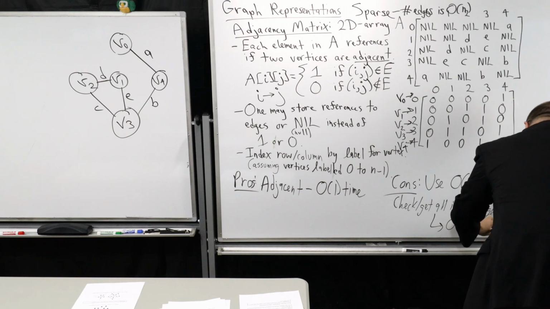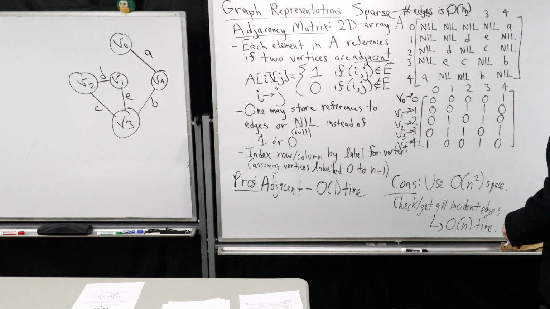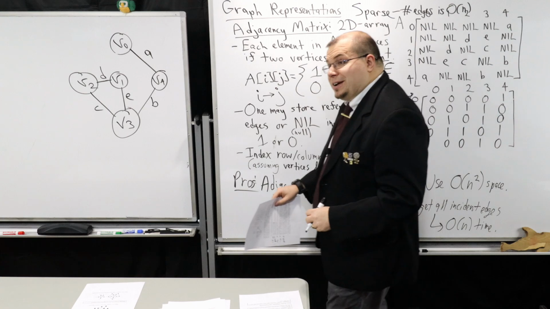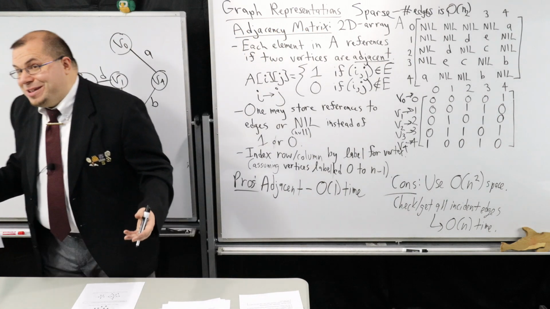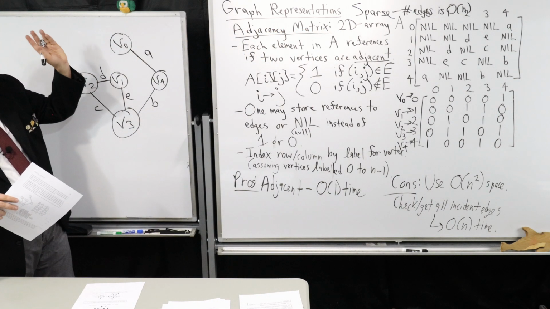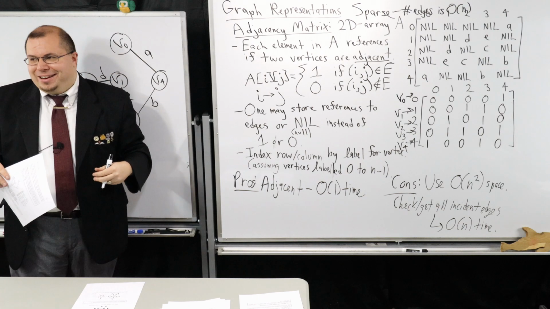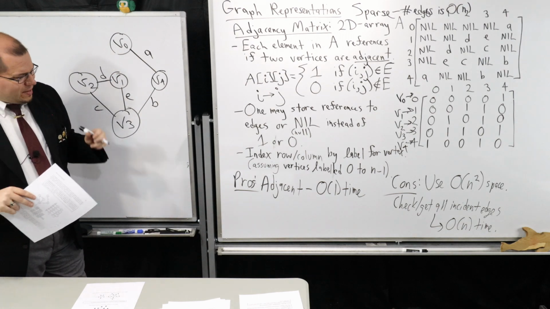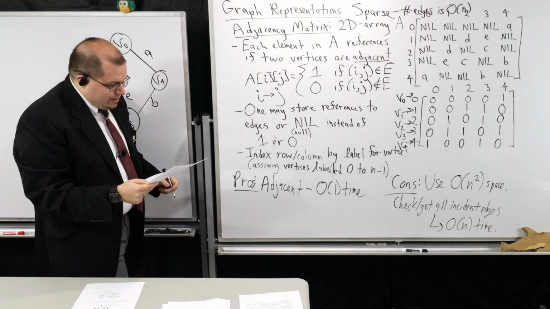It's linear in the number of vertices, which you can view as a con because, like I said, there might not actually be any in the row, meaning you checked an entire row and you didn't end up finding anything. So that's another con there.